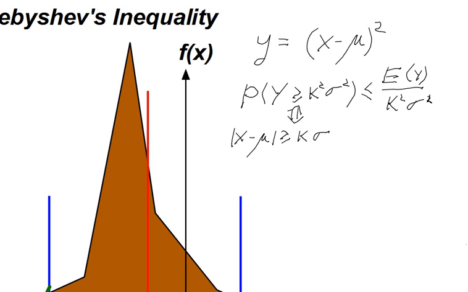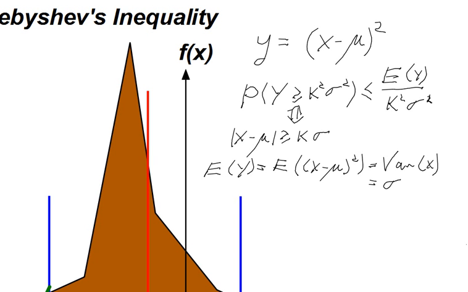Okay, and now what is E of Y? E of Y is equal to E of (x minus mu) squared, which is exactly the definition of the variance of x. But that variance of x is also equal to sigma squared.